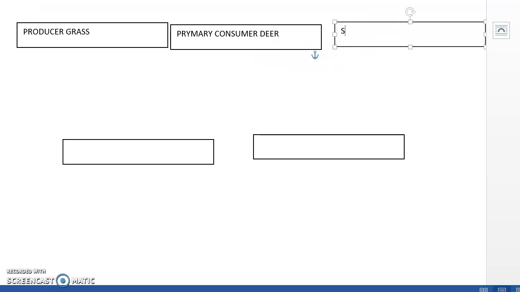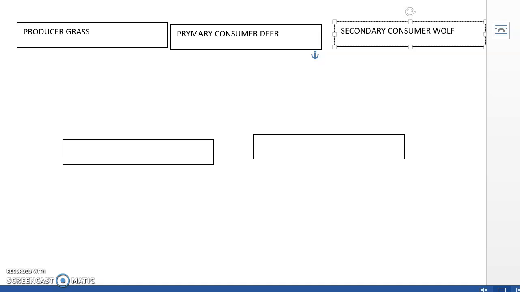Then your secondary consumer that eats your deer. Let's go with a wolf. Wolves like deer, and we have wolves here. So let's go with wolves.